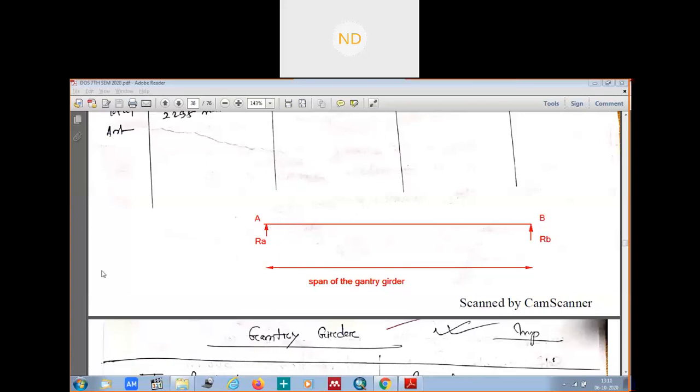So here also we will have a UDL here. We have a UDL here.